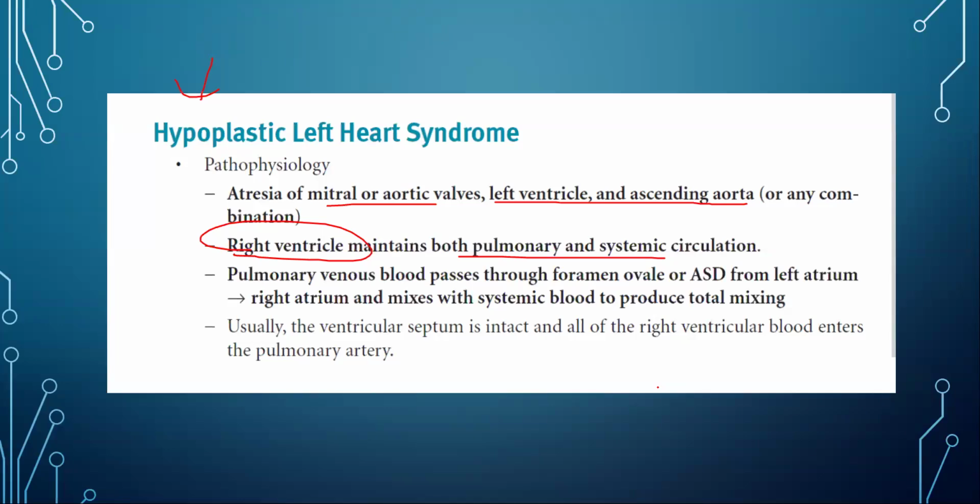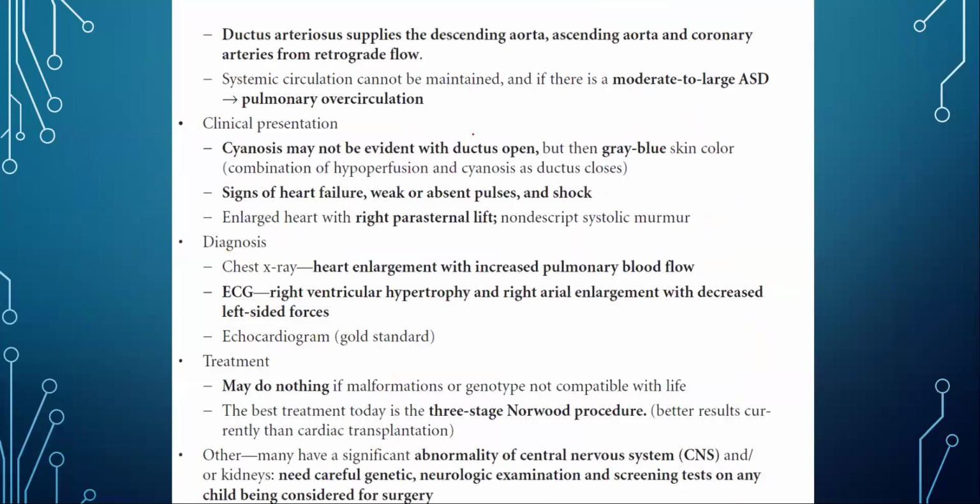So there will be something which will keep the baby alive. Most of the time there will be an ASD, atrial septal defect, or a foramen ovale, through which there will be mixture of blood. Okay. And obviously we'll need to keep the ductus arteriosus open as well.